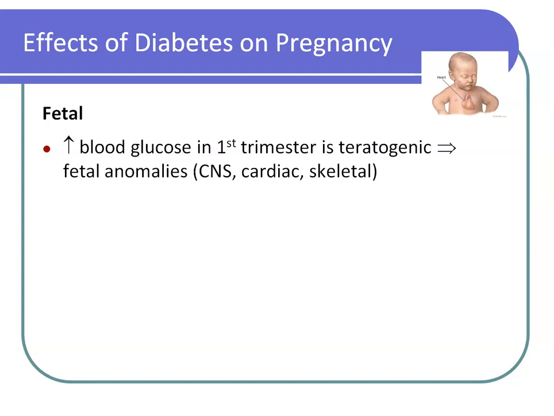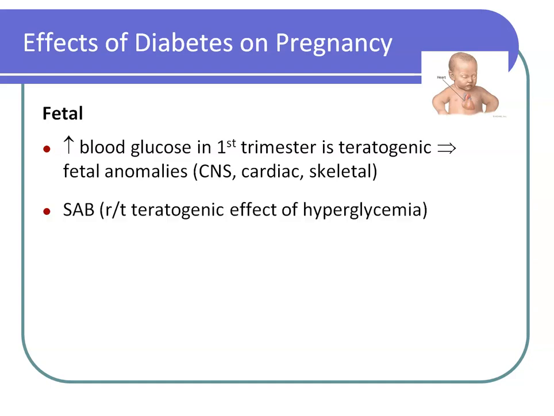So it's dangerous. And a lot of times early in pregnancy, the woman may not even realize that she is diabetic and that her blood glucose level is high. So that can be a concern. That's one of the reasons we encourage pre-pregnancy planning, so that we can look at risk factors and make sure that she's not at risk for diabetes.